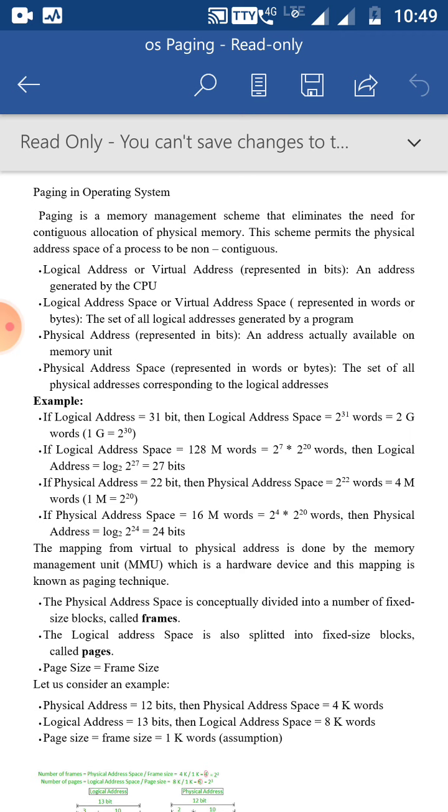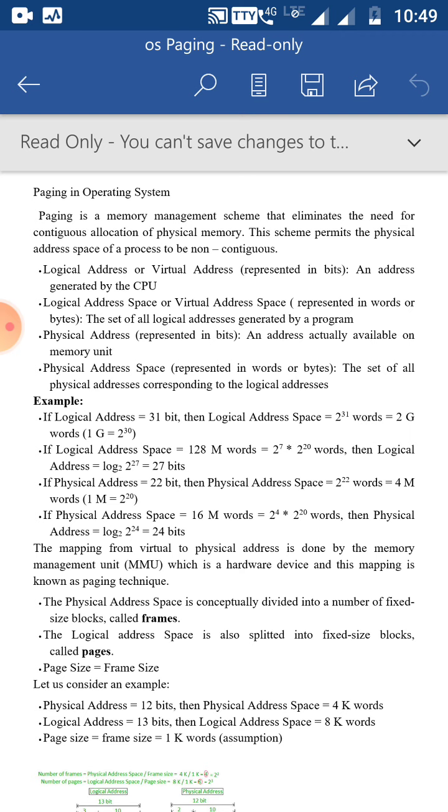Then this 90 will be added with the page offset, that is 2, giving 92. So 92 is the address of the instruction to be executed next.